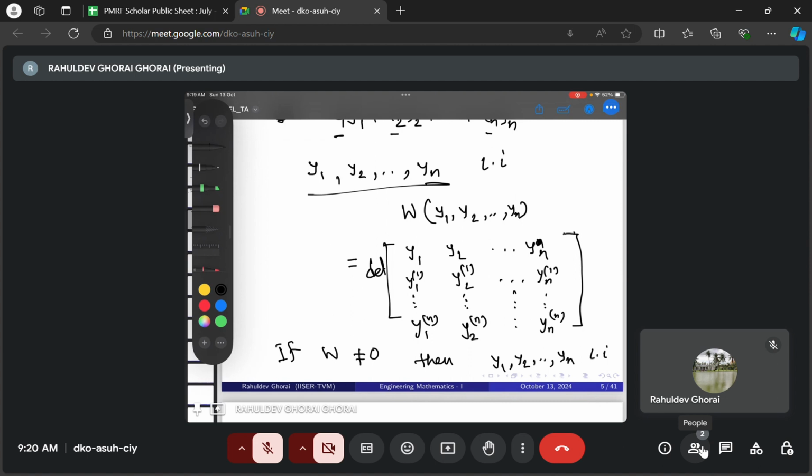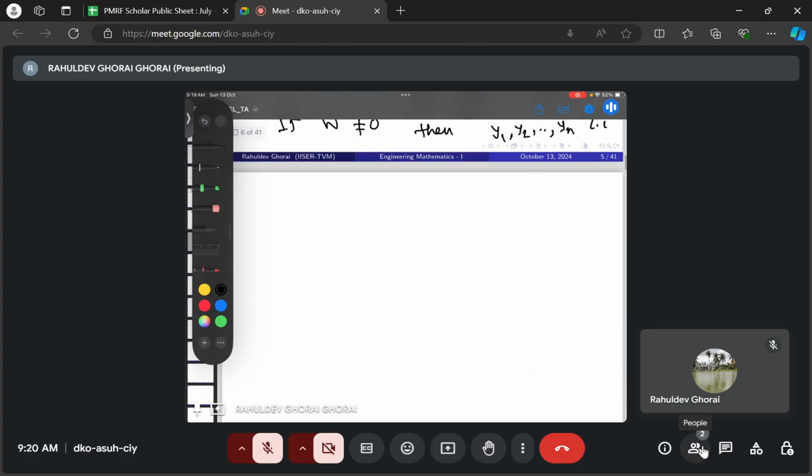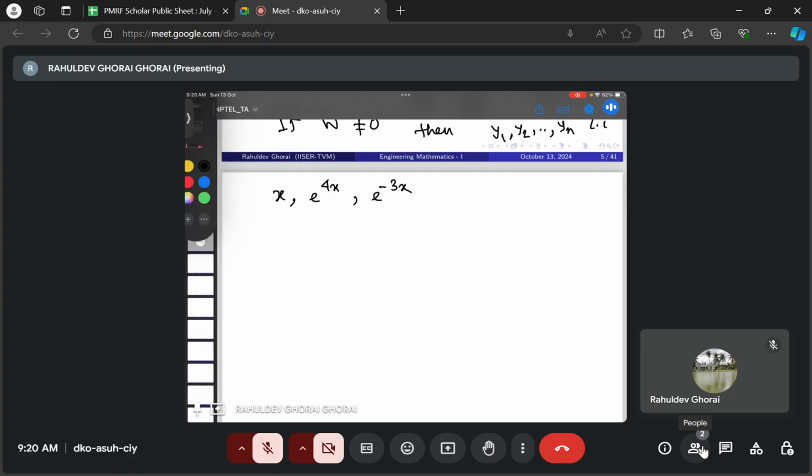Let us do an example to make sure that you understand. This is one of your assignment questions. It asks whether the functions x, e to the power 4x, and e to the power minus 3x are linearly independent or not.